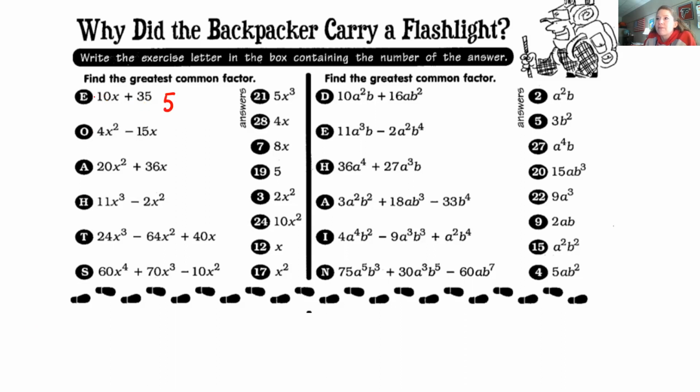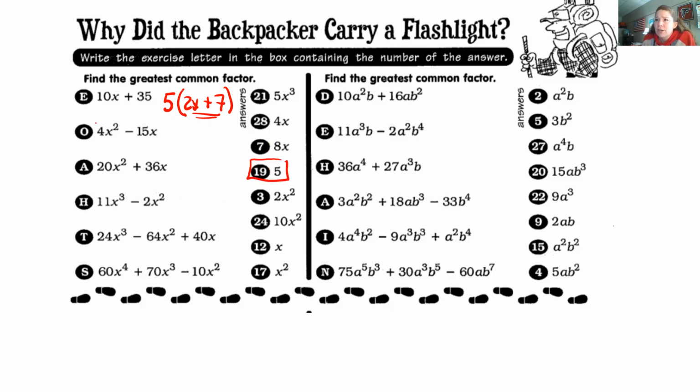Now, if I pulled out a 5, I would get 2x plus 7, right? Now, you don't have to do this part, but this part helps you realize whether, okay, did I pull out the greatest common factor? Because if the numbers left in the parentheses have any common factors, that means that you didn't pull out the greatest common factor. So letter E is number 19, because the answer is 5.